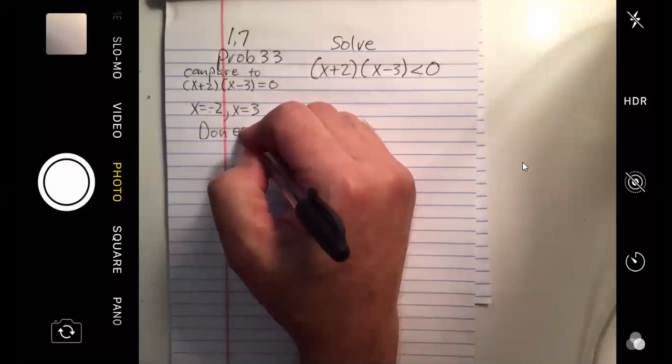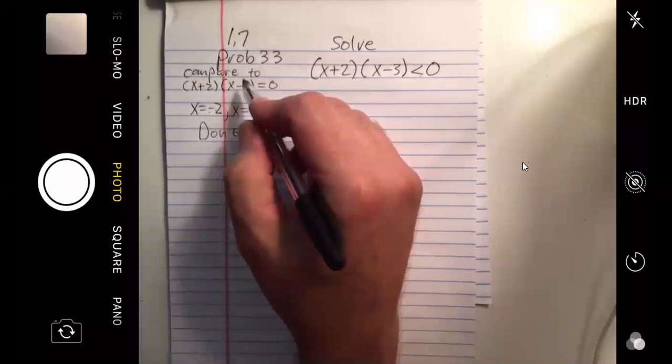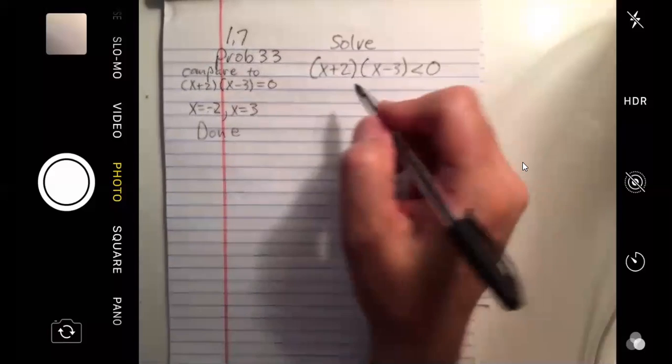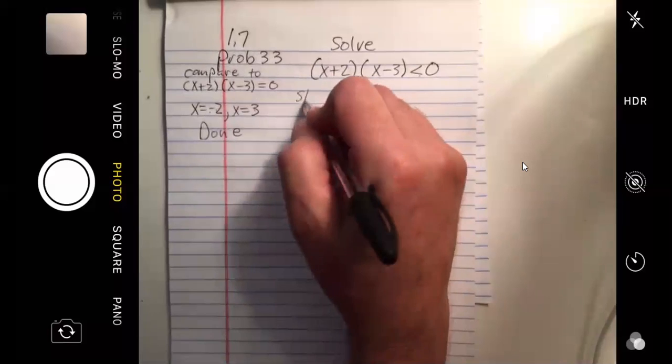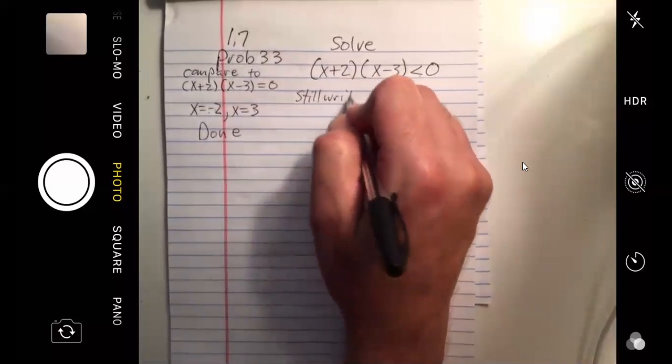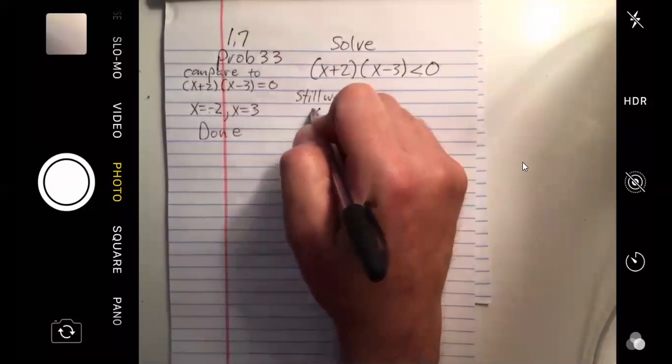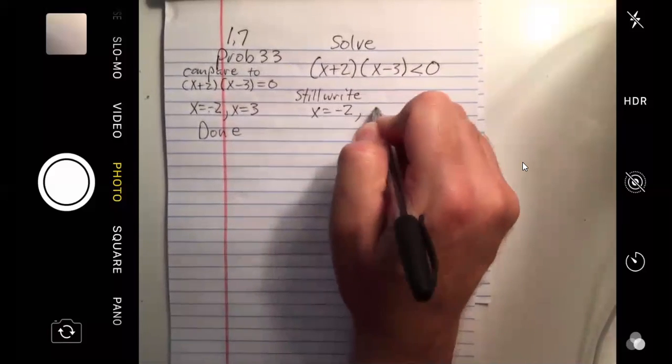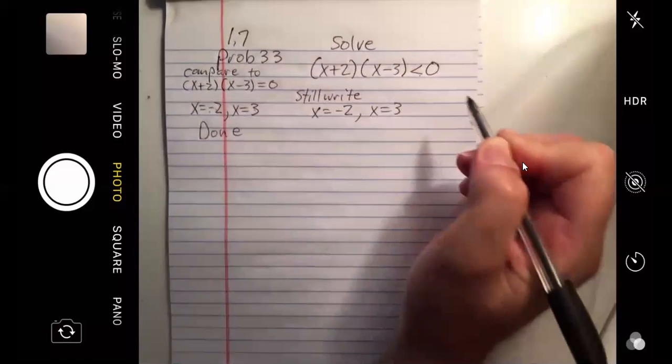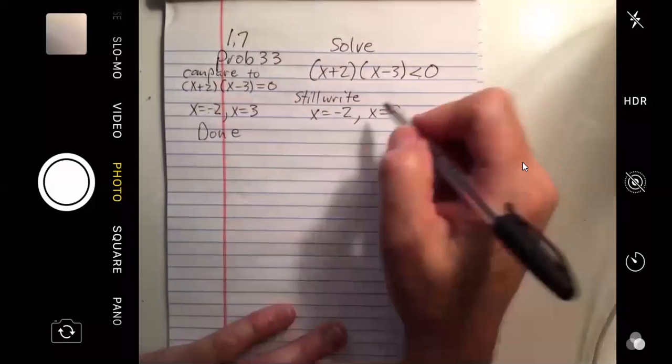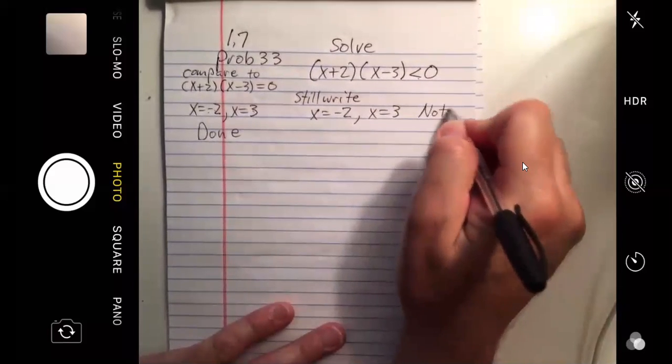The answers are intervals. You've got to find the intervals that work. So you still write the x equals -2, the x equals 3. But these are not answers.